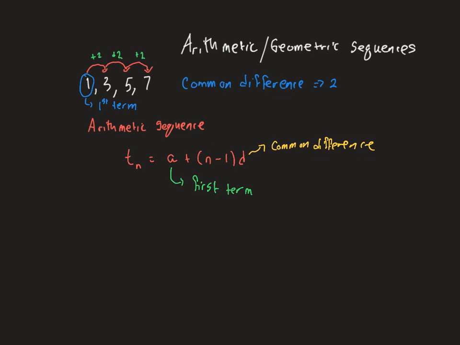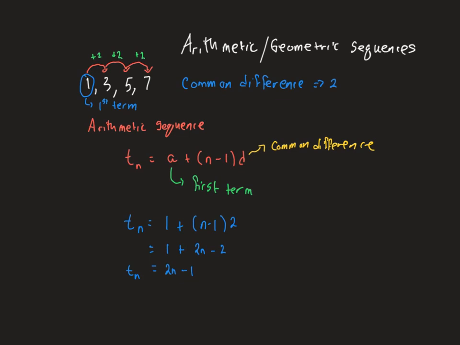So if we were to put this into a formula, it would look like t of n is equal to 1, being my first term, plus n minus 1, and of course my d is 2. Okay, so if I were to expand this out, we'd have 1 plus 2n minus 2. Collecting like terms, 1 minus 2 is negative 1, so you have 2n minus 1.